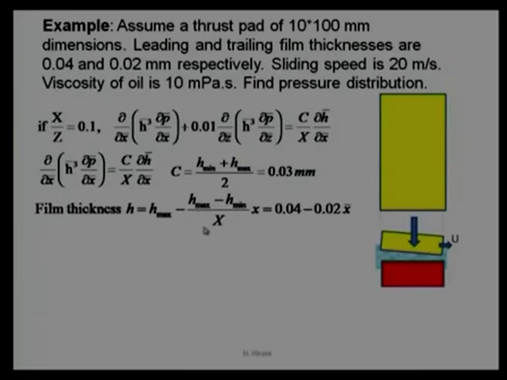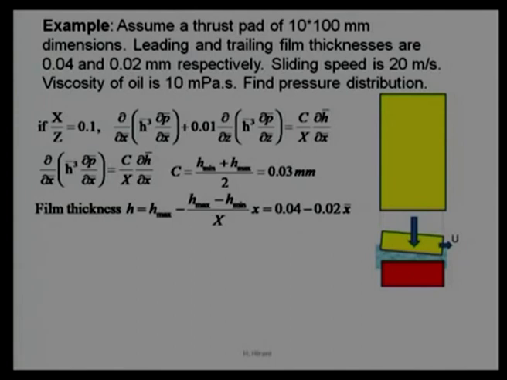That can be represented with a simple expression, which is H equals H max minus (H max minus H min) divided by capital X times x. Capital X is the dimension in x direction, which in the present case is 10 mm. Here the maximum value is already known, 40 micron, and the minimum value of the film thickness is 20 micron.